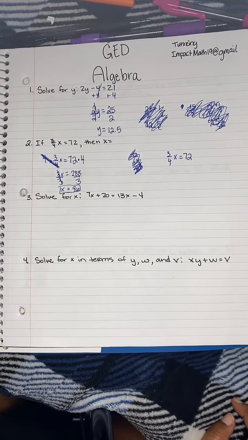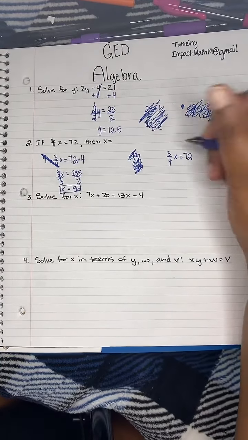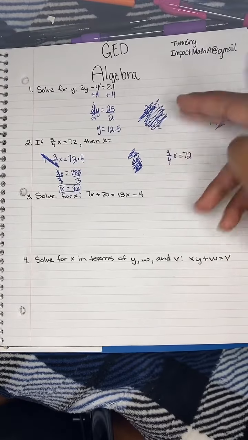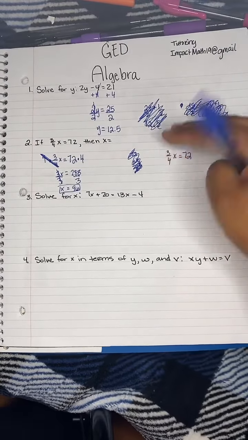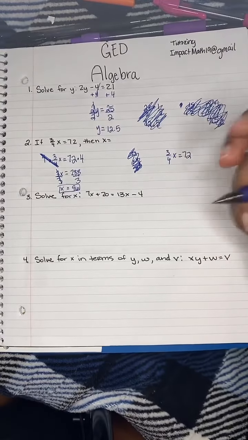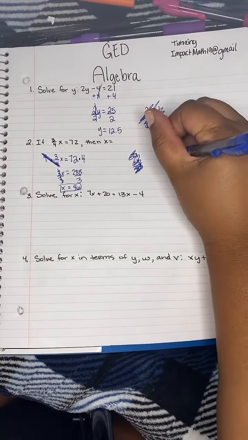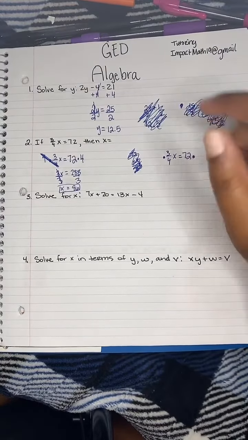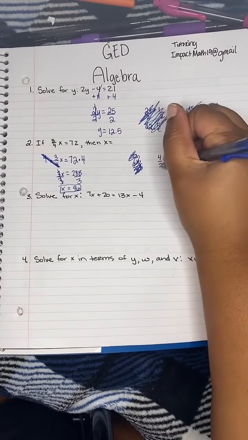Yeah, okay. Times 3. All right, so let me show you guys this way. Has anybody heard of the reciprocal? Reciprocal, the flip. It just means flip. Yes, the flip. So we could multiply this by the flip of this fraction, which becomes 4/3.